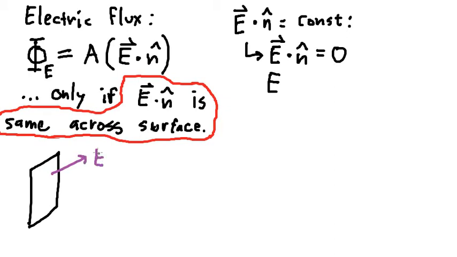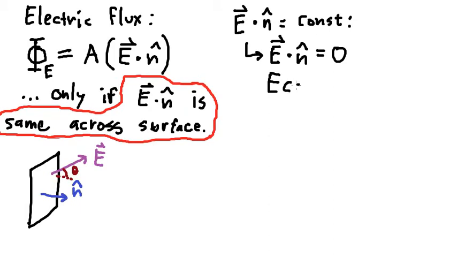Let's look then at what happens. What are the possibilities for a dot product to be 0? Remember, we're talking about this area here, and your electric field vector points in some arbitrary direction, and your normal vector is perpendicular and has a magnitude of 1.